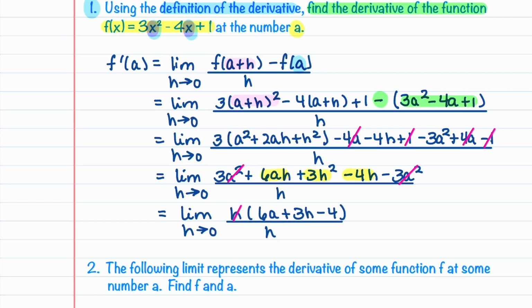Now our h's cancel, and we can just substitute in that h is equal to 0, and this gives us an answer of 6a minus 4. And that is the derivative of our function at the number a.